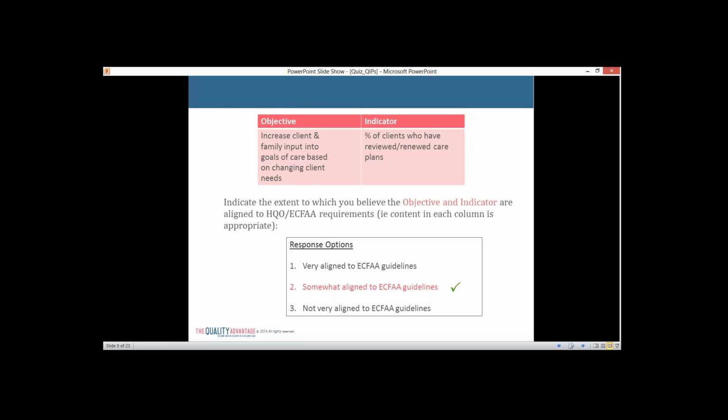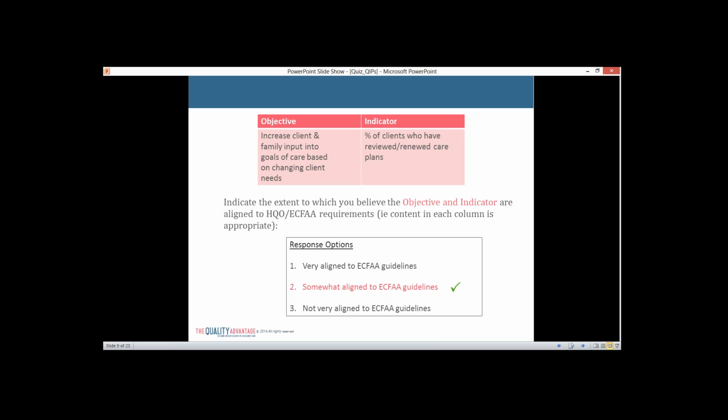So if you chose the second option, you were correct. Let's take a look at why. The objective, increase client and family input into goals of care based on changing client needs, is okay as an objective. It has a direction in it, and involvement in decision making or establishing goals is indeed something that clients care about.